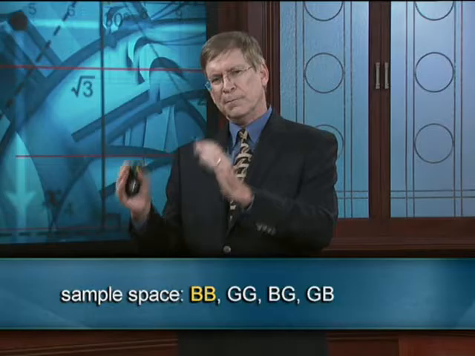What do you think? Well, I claim that's not quite the correct sample space. Here's why. With these children, you can think that there's a first child and a second child. The first child could be a boy and the second could be a boy. Or the first could be a girl and the second could be a girl. Or the first could be a boy and the second a girl, or vice versa. The first could be a girl and the second could be a boy.